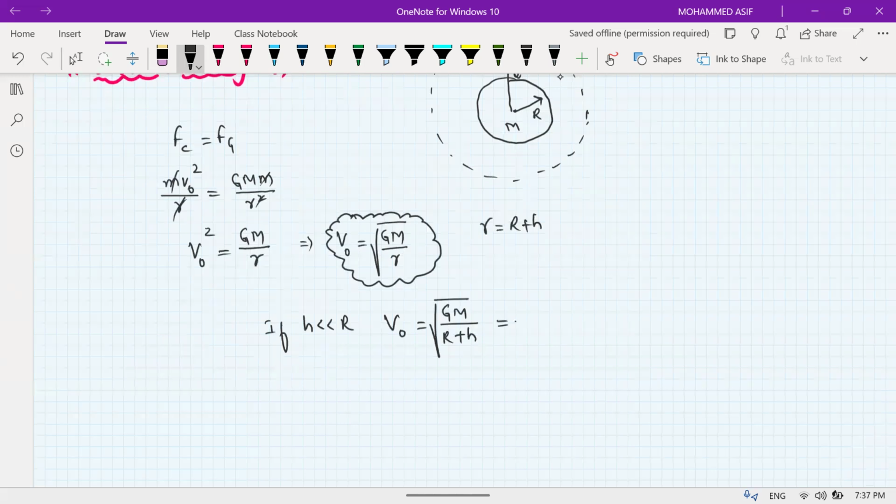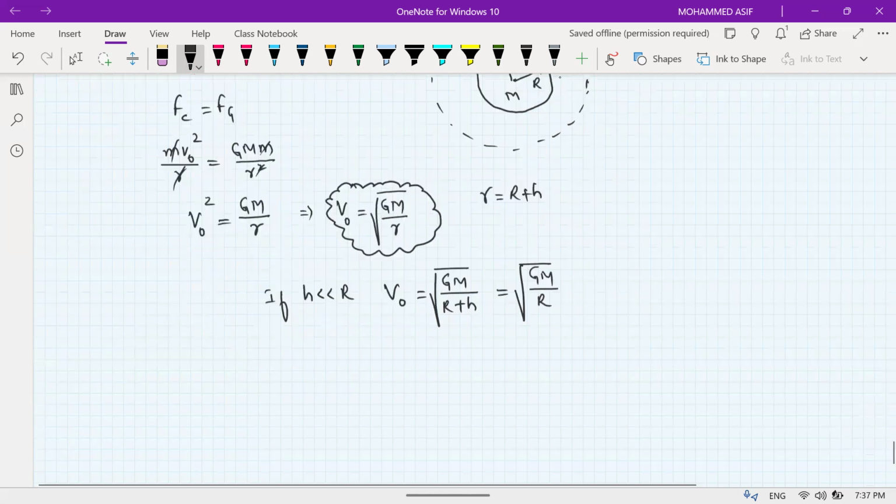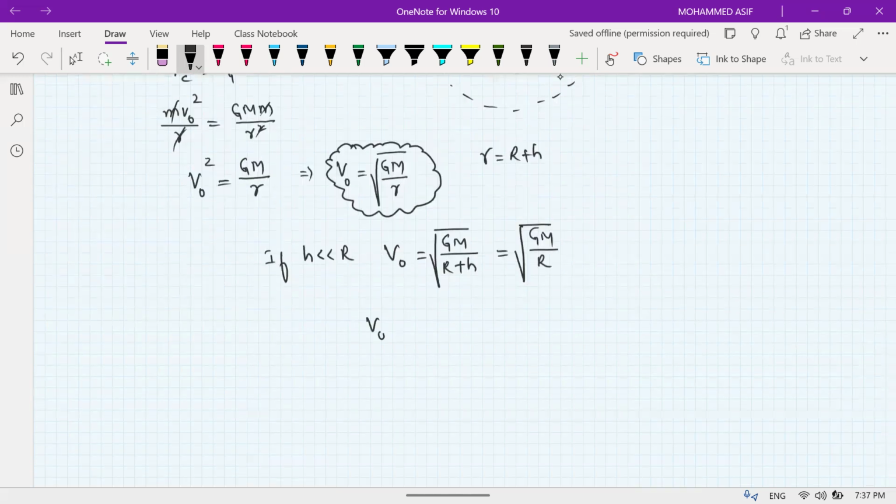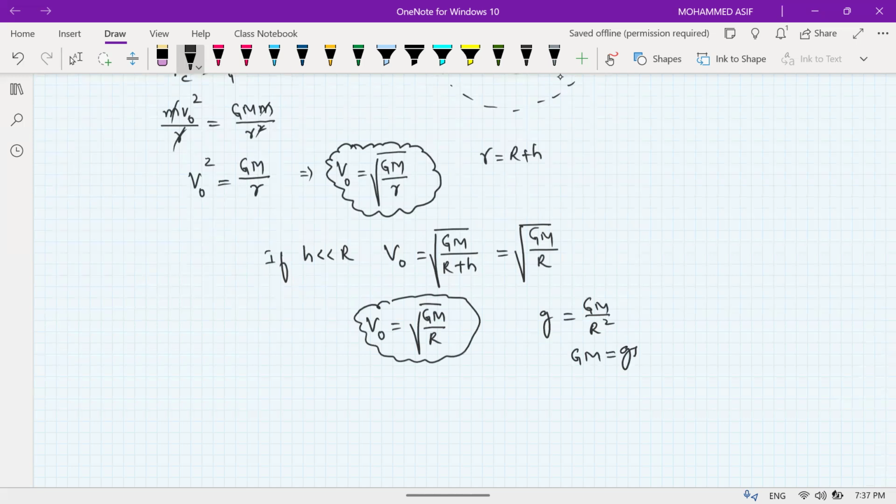If h is very small, we directly write in terms of capital R. So orbital velocity is equal to under root of G into M divided by R. In terms of small g, we know that small g is equal to capital G capital M divided by R square. So capital G capital M is g into R square.